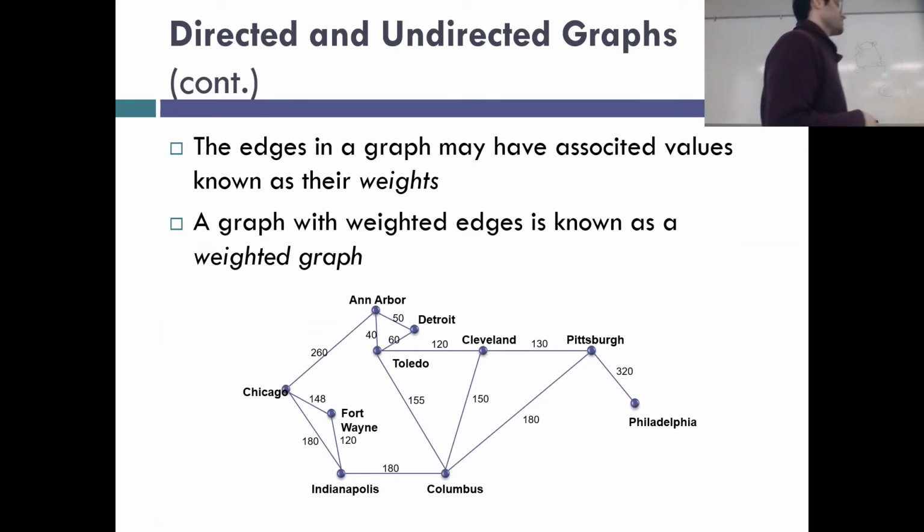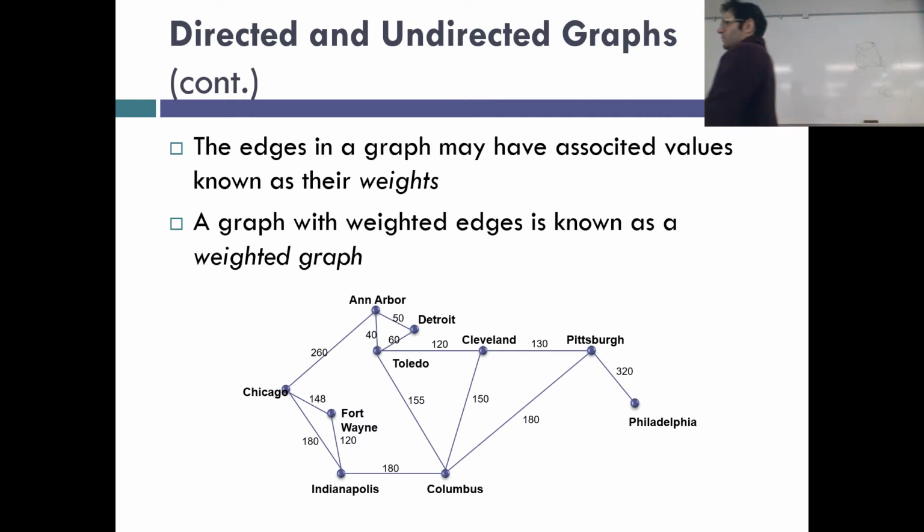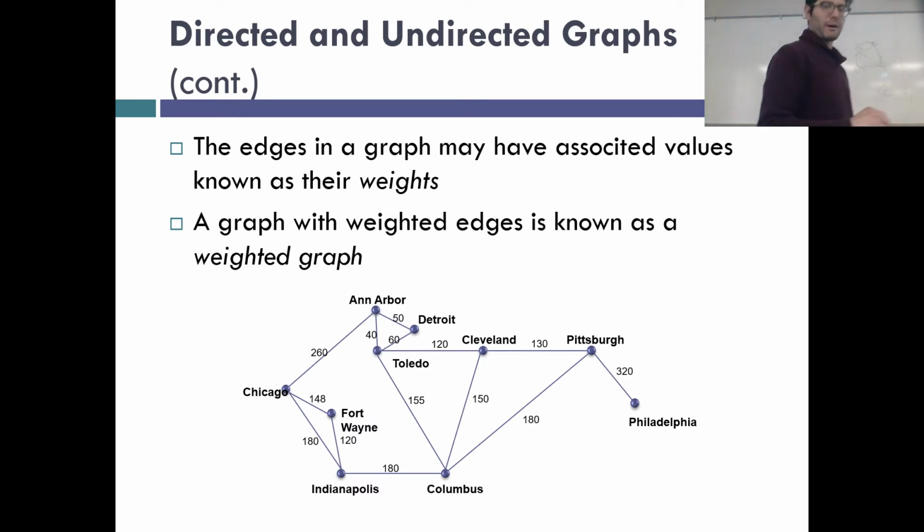So we have edges and we have directed edges. We have graphs, and we have directed graphs, undirected graphs, and then graphs can also be weighted or unweighted. That means whether or not there's a number associated with it. It doesn't have to be a number, but for most problems it is. I haven't really seen one that isn't a number, and you'd want to turn it into a number for most of the algorithms we use anyway.